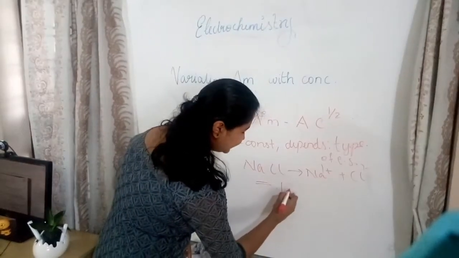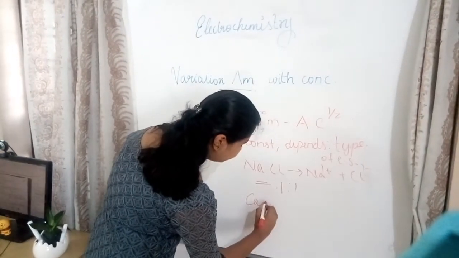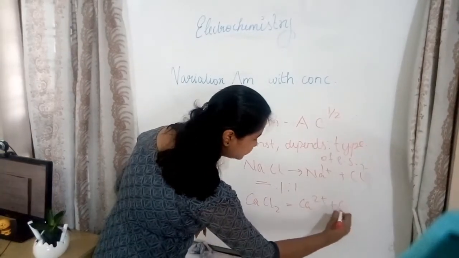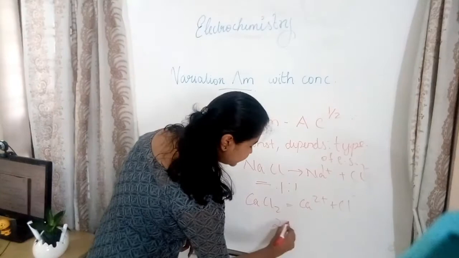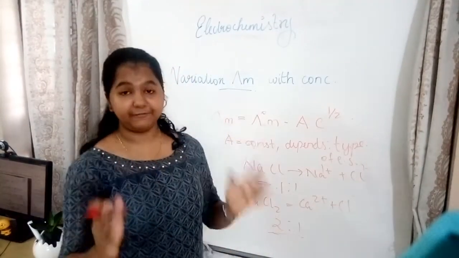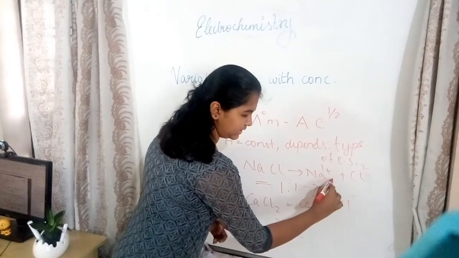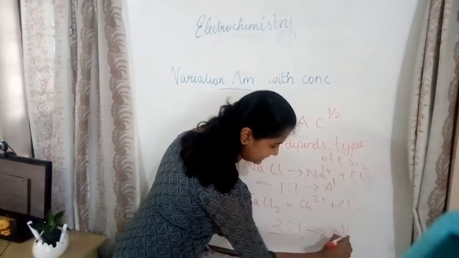This implies it is 1:1. Whereas we'll take CaCl2, that is Ca2 plus and Cl minus. What would happen over here? This is 2:1. So both of these would have different values. This will have A as one value, let's mark it as A dash, and this would have another value as A double dash.